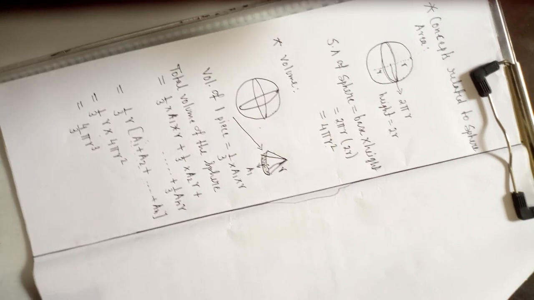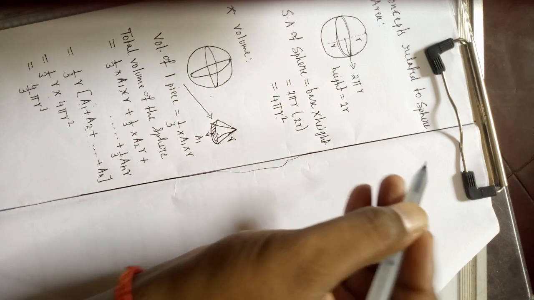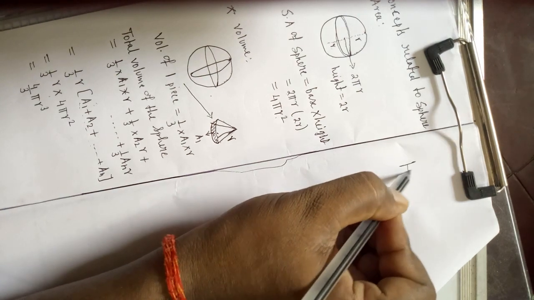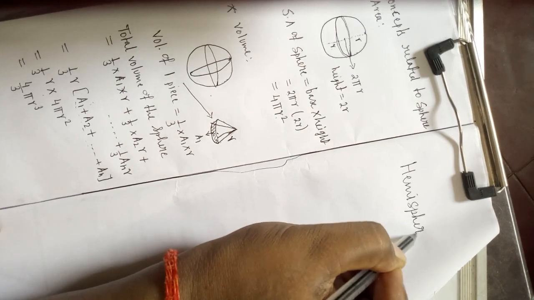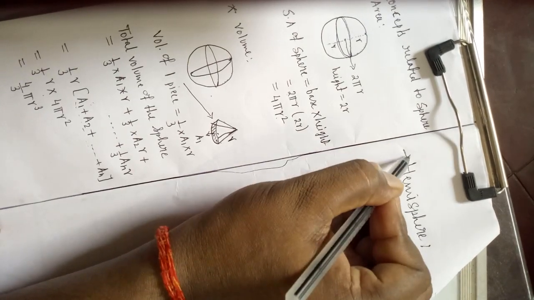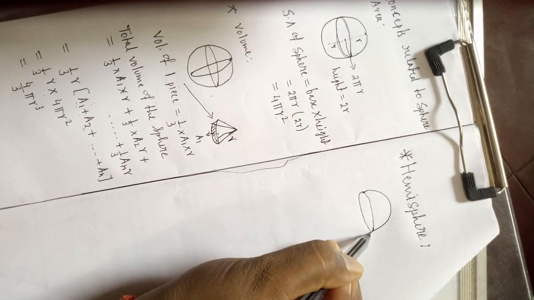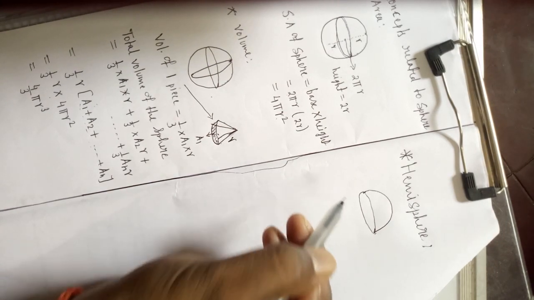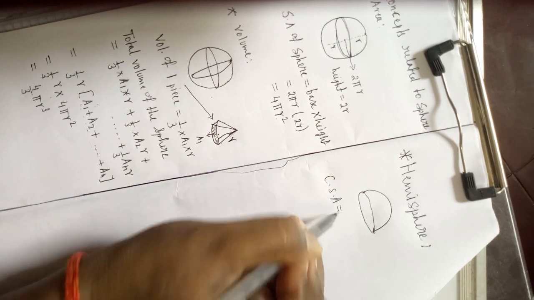Going ahead with formulas for hemisphere, it's very simple. When I talk about hemisphere, you can compare it with a half lemon. In case of hemisphere the things remain the same. In this case we have CSA and TSA. First I'll talk about curved surface area.